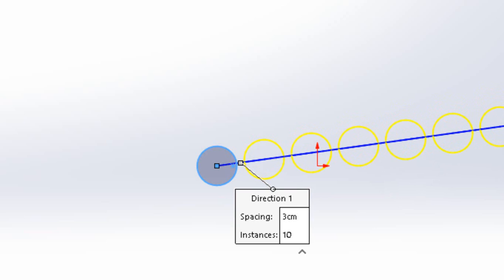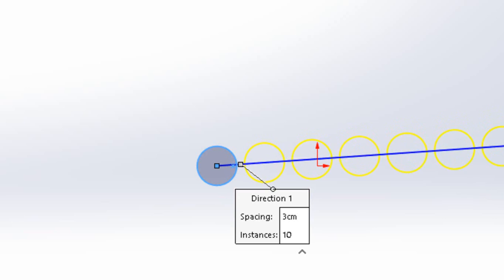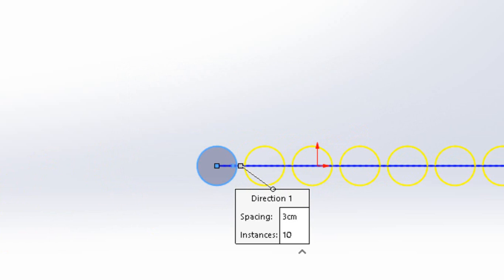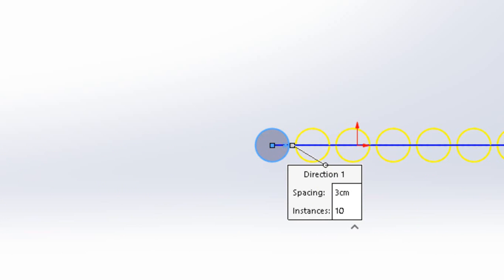You always have to give a positive angle, you can't give a negative one. I cannot give a value lesser than 0, I have to give a value between 0 and 360. In the same way I can also pattern in the y-axis.